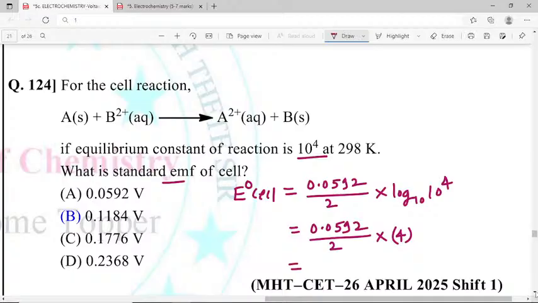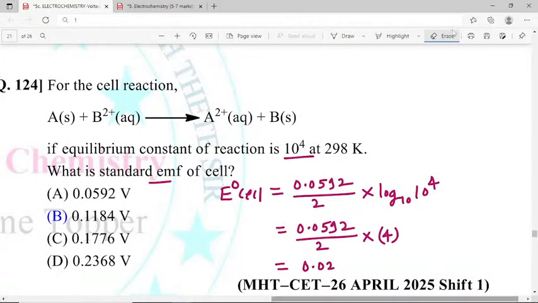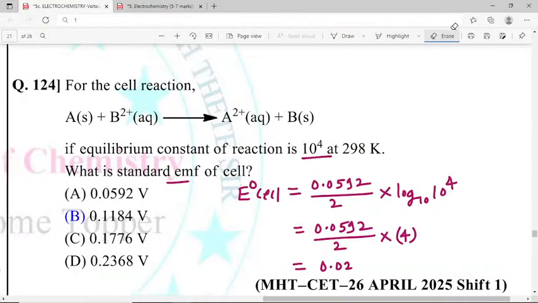So is equal to 0.02. So this is the value 0.0592 multiply by 2. So it should be 0.1184.